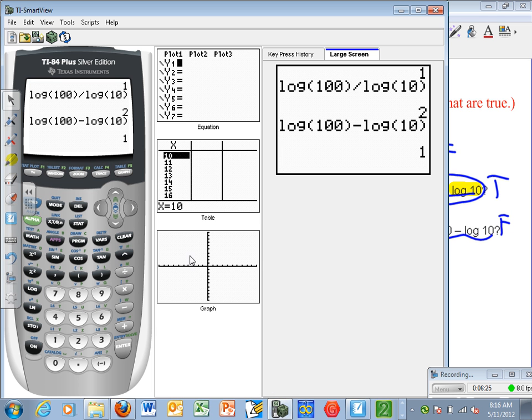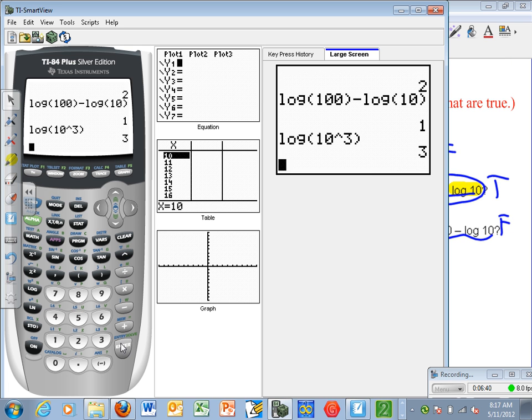Now, I said there are 3 that are true. And we're going to find out this one is true, but we do the log of 10 cubed. That's 3, and then we're going to do 3 times log 10.